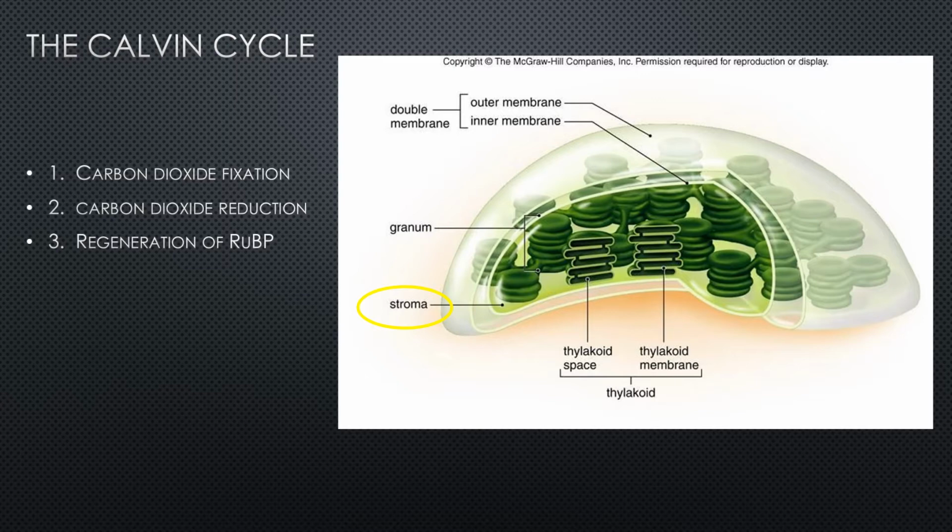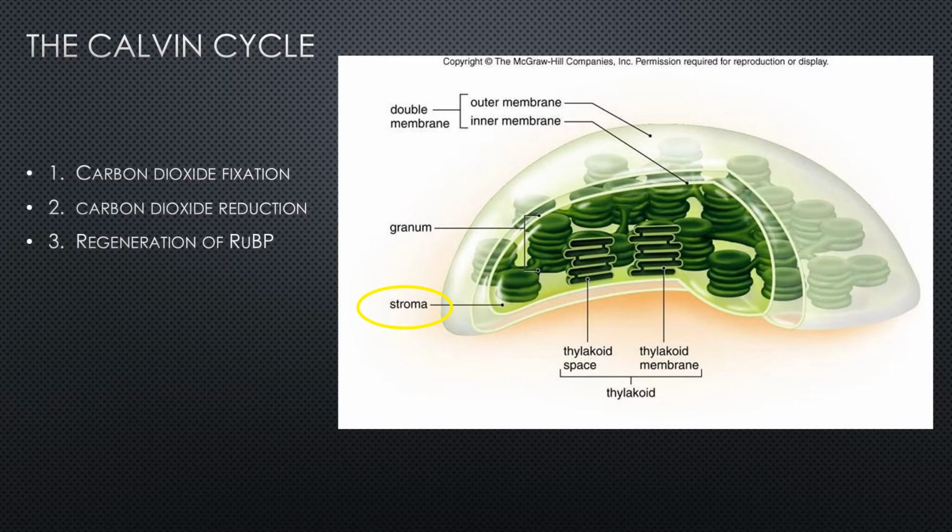So fixation isn't specific to photosynthesis, it's not specific to carbon, but it is taking something from an inorganic form and putting it into a usable organic form. So the first step is carbon dioxide fixation.